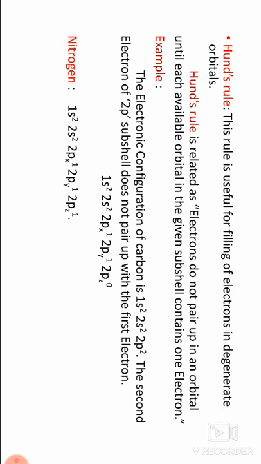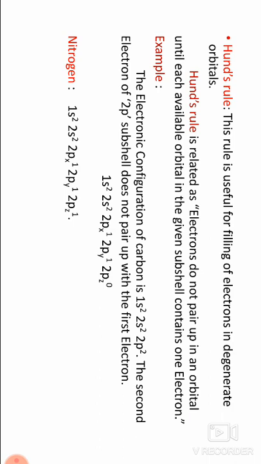In lower classes, electron configuration is already a well-known topic, starting from the first element hydrogen to the 30th element zinc, written in order.